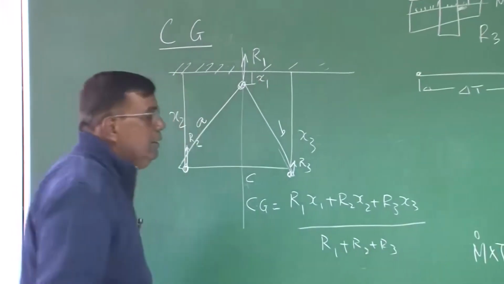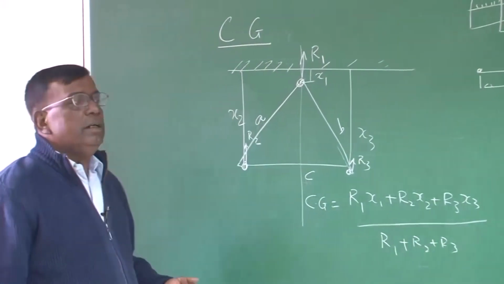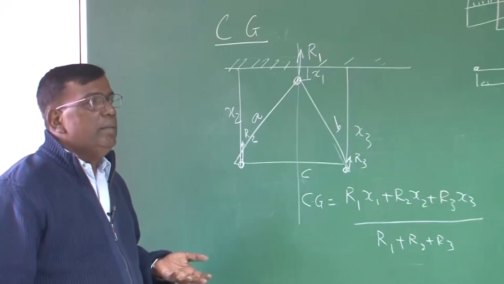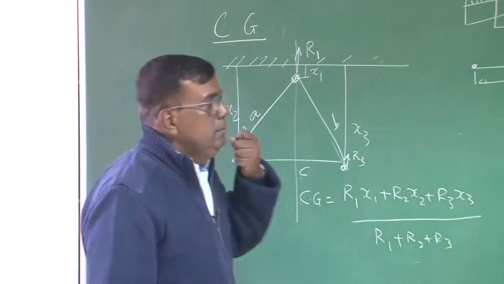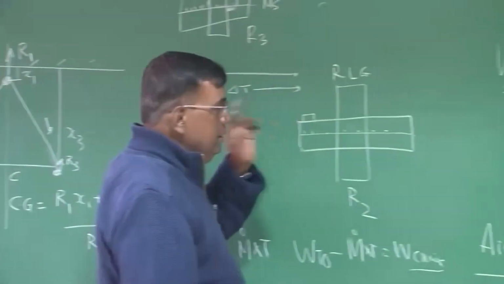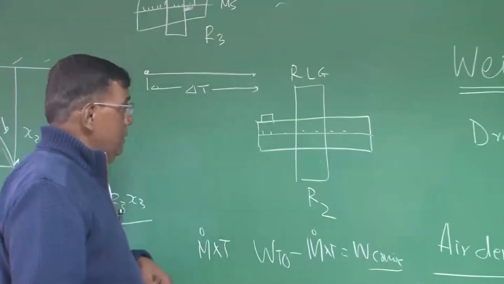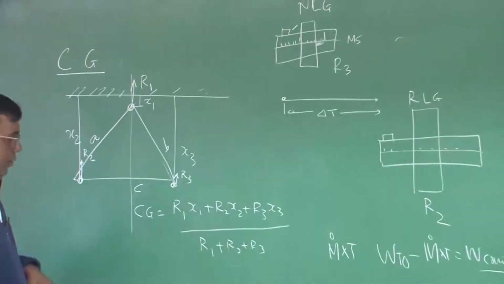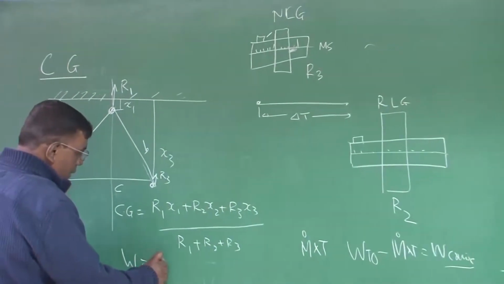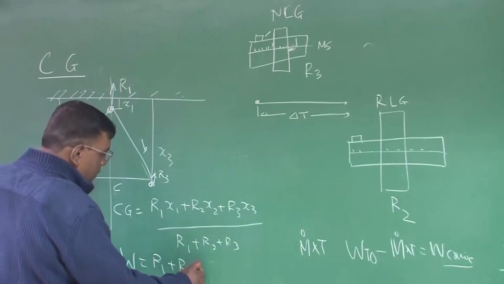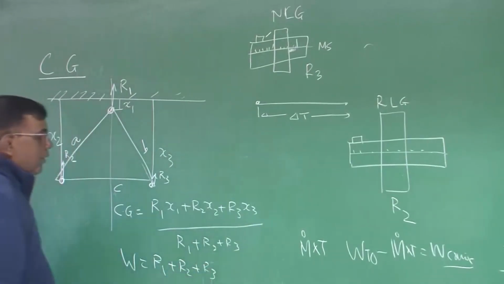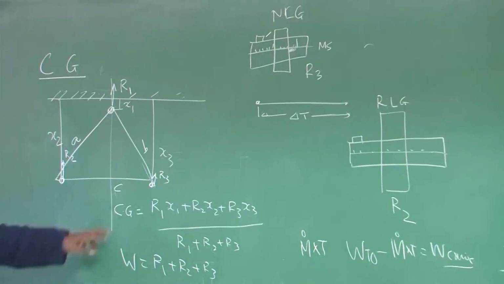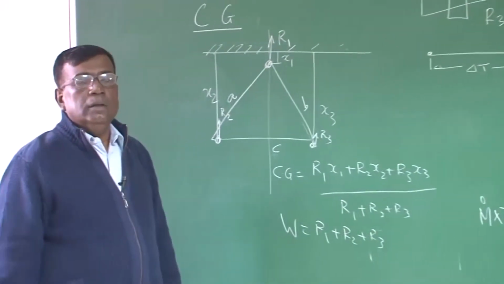As simple as that. So to find the weight and center of gravity, what is the procedure? Take the airplane to the balance, note down the reactions R1, R2, R3, total it up to get the weight. So weight will be R1 plus R2 plus R3, and if you want to find center of gravity, I will simply use this equation. As simple as that.